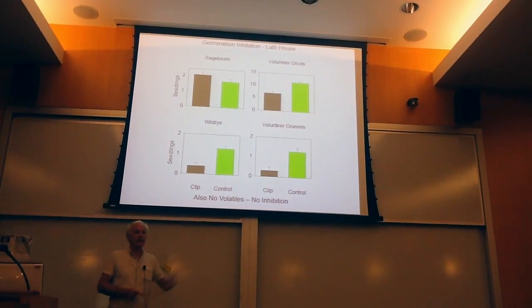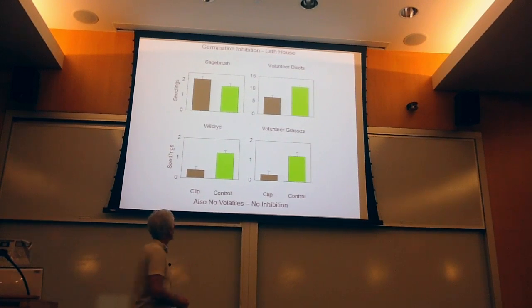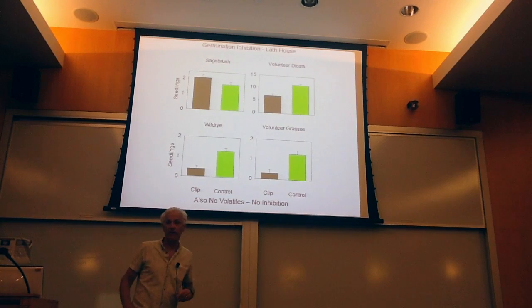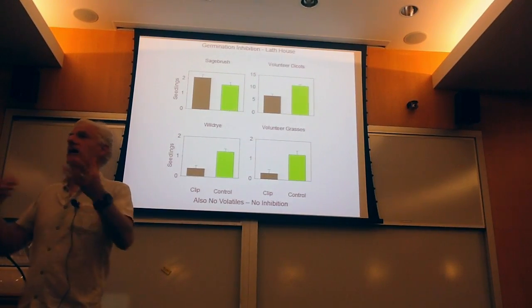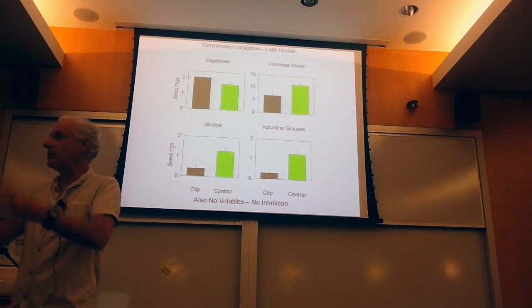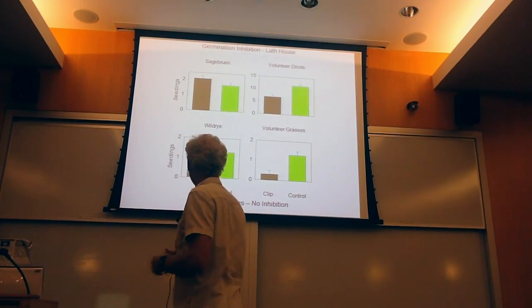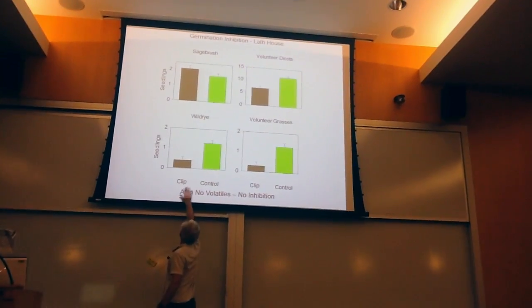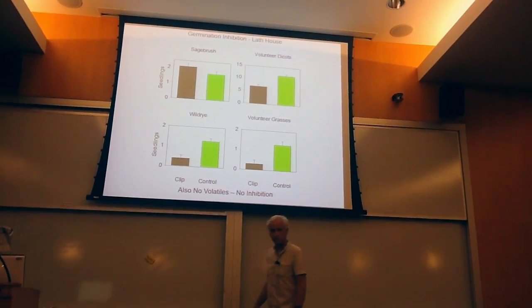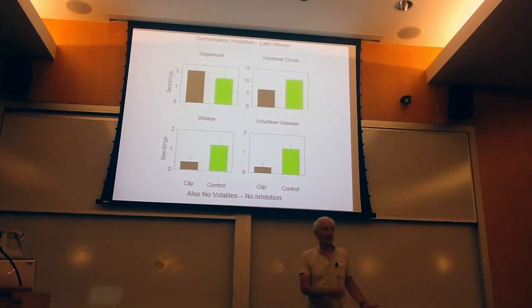Wild rye is a grass that grows here. And what you can see is that there was no difference in the germination of the sagebrush seeds, whether or not the plant had been clipped. Wild rye germination was reduced in this clip treatment relative to the control. But again, we only put in a couple seeds.